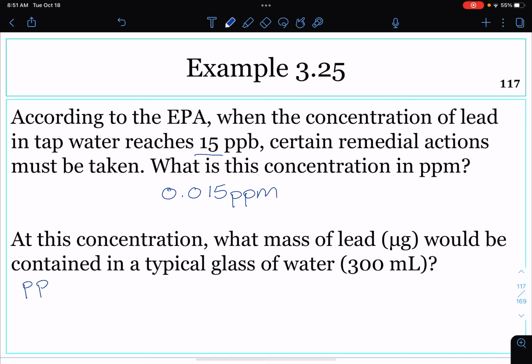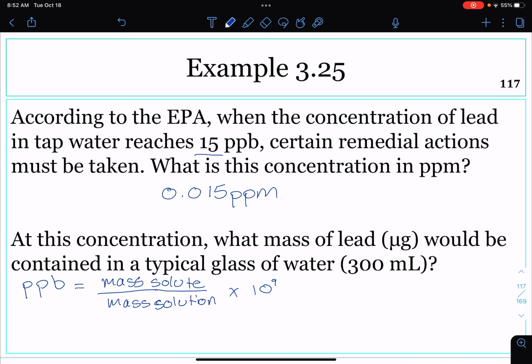Our PPB is equal to mass of the solute over the mass of the solution times 10 to the 9. We know that 300 milliliters of water is 300 grams of water because the density of water is 1 gram per milliliter. So that is the mass of the solution.